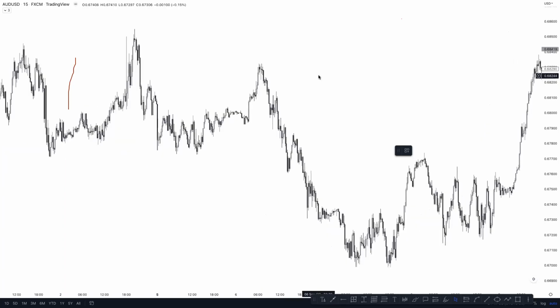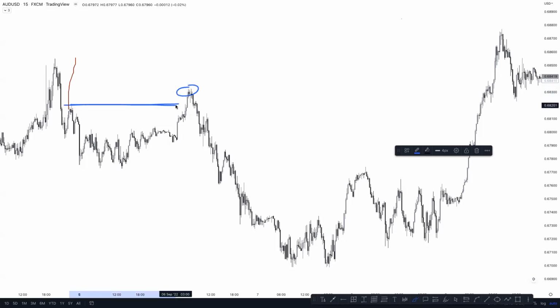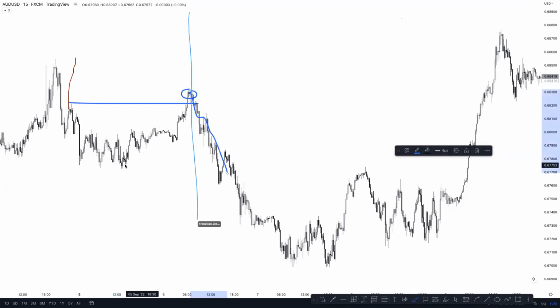Okay, and if you start from here, taking out the inducement liquidity is here, taking out the extreme you can say also, and after taking out this high we can stack multiple positions, this is our target, correct?